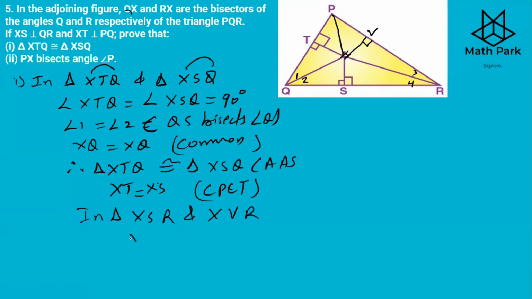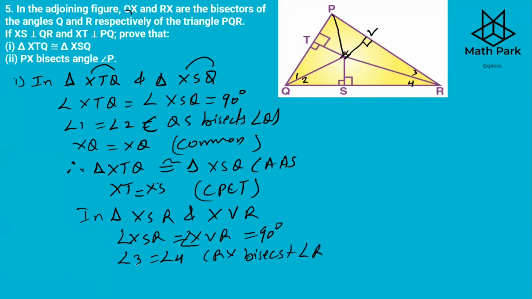We have angle XSR is equal to angle XVR is equal to 90 degrees. Okay. Again, we have angle 3 is equal to angle 4 because RX bisects angle R, correct? And we have XR is equal to XR common.